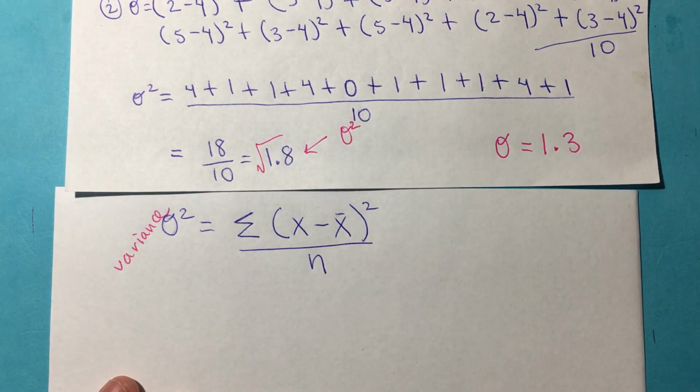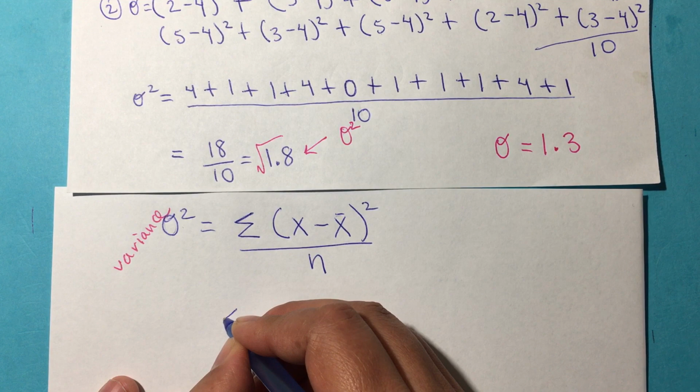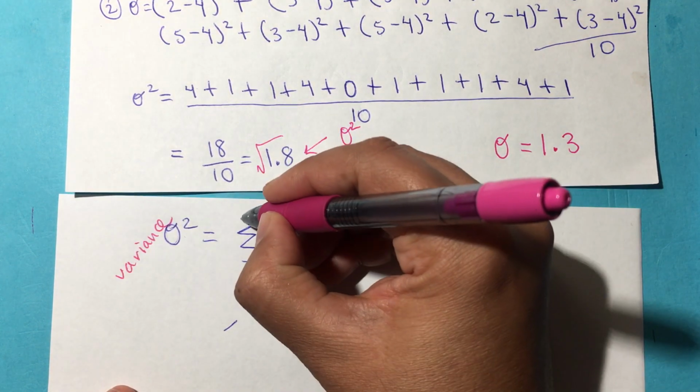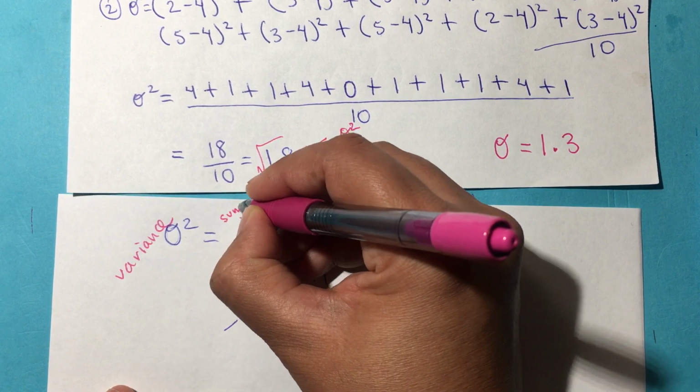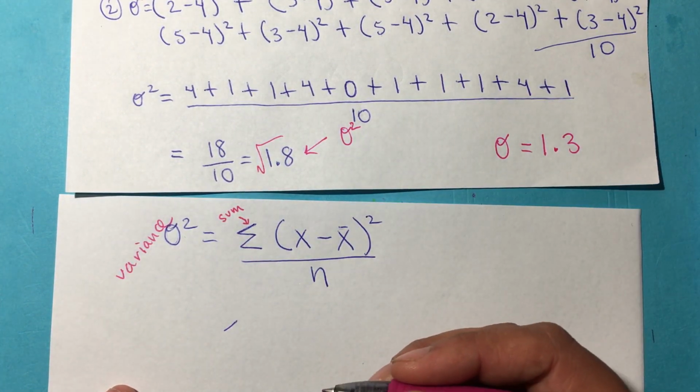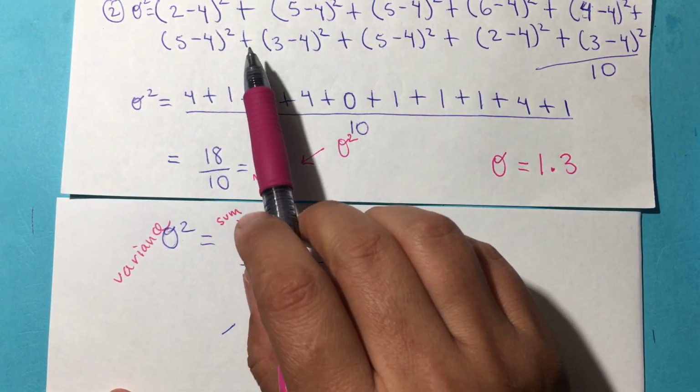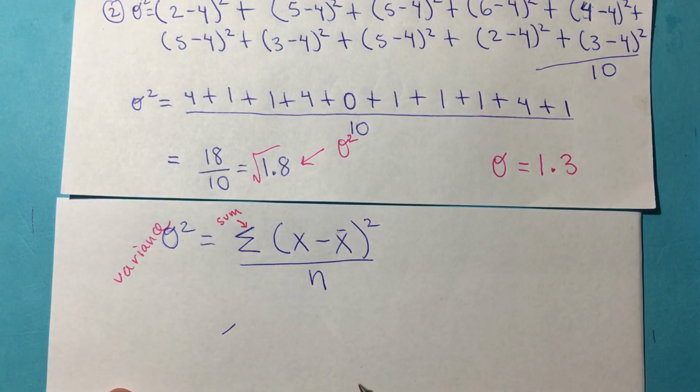What does that mean? The capital sigma is used to represent sum, which represents all those additions.